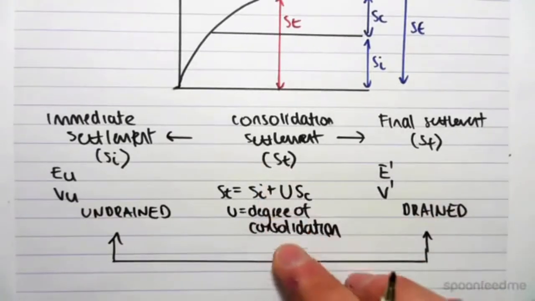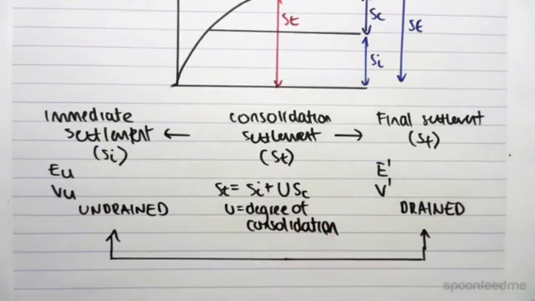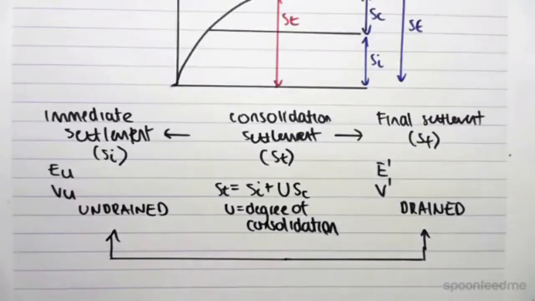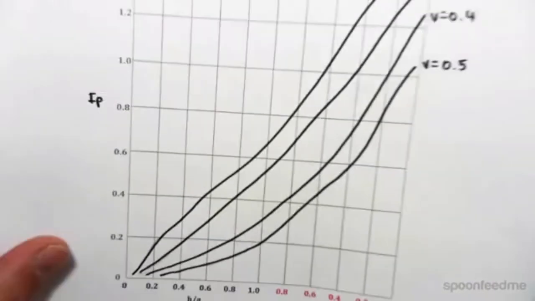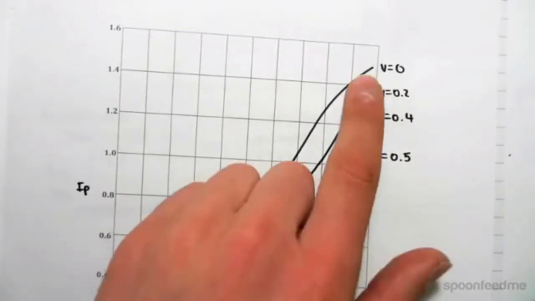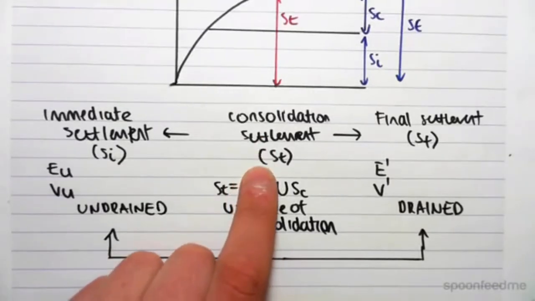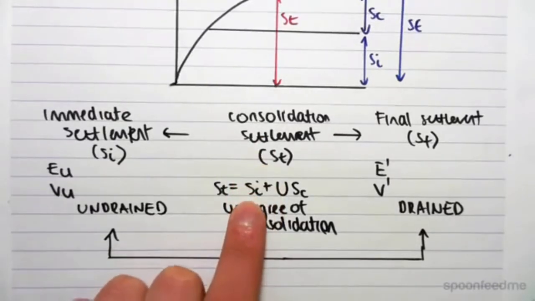For consolidation settlement, to find this settlement at any time, we're going to be using a graph like this. Okay, so at the end of the day, just realize that for immediate and final settlement, it's just undrained and drained values. So we use the same graph and just change the V because that's what this graph is dependent on. And for the consolidation settlement, the settlement at any time, we're going to be using this equation and a different graph.